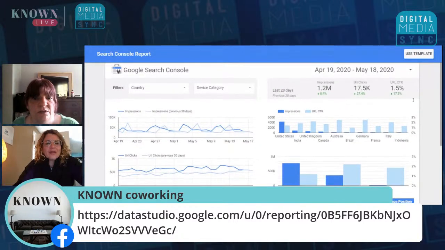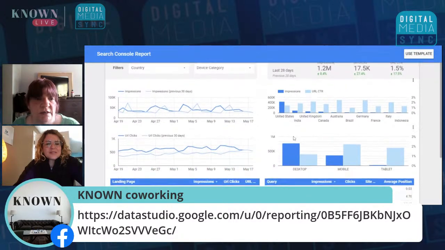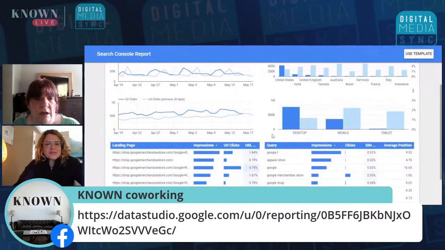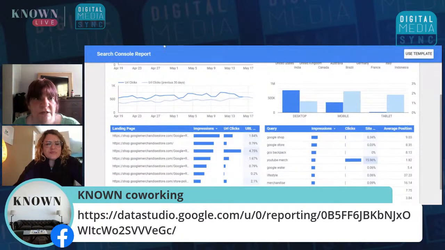So this is what a Search Console looks like. And again, one of my favorite things to look at, and it's white label. Rebecca just said, love the white label.